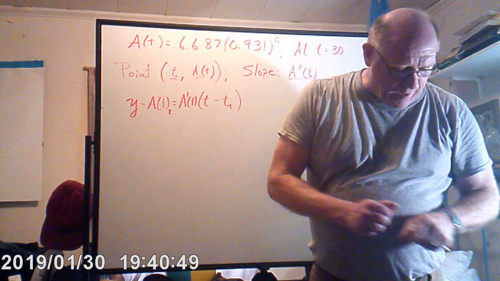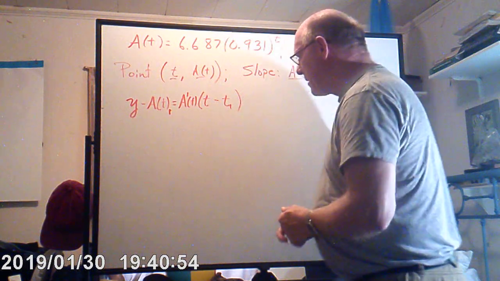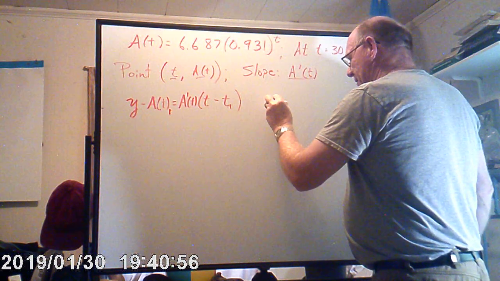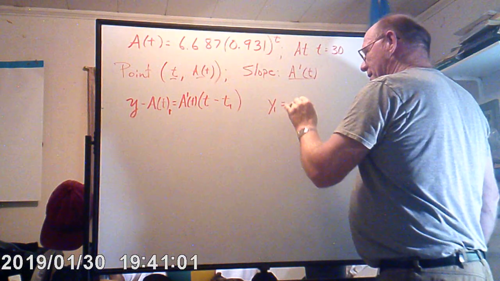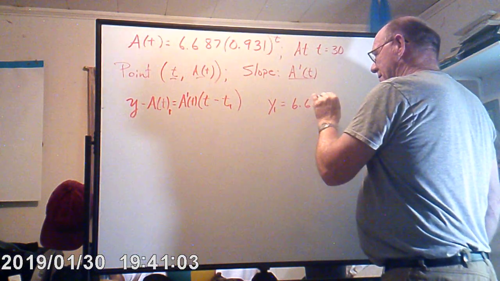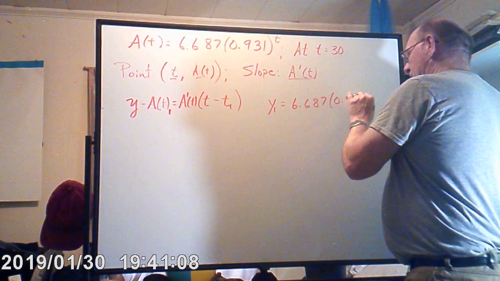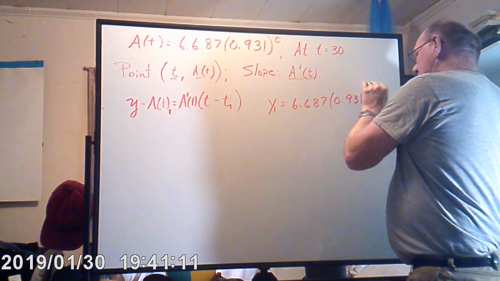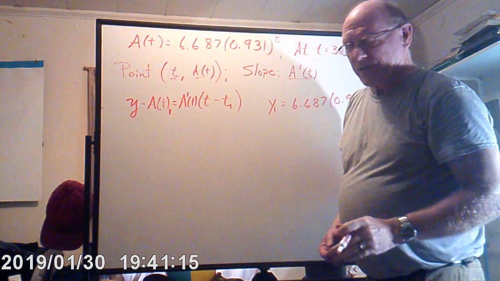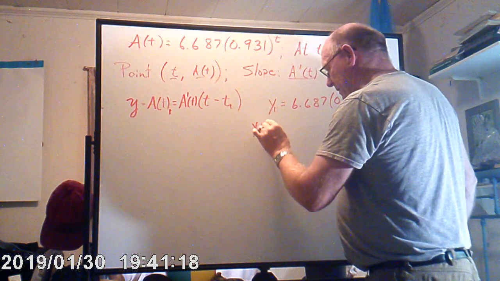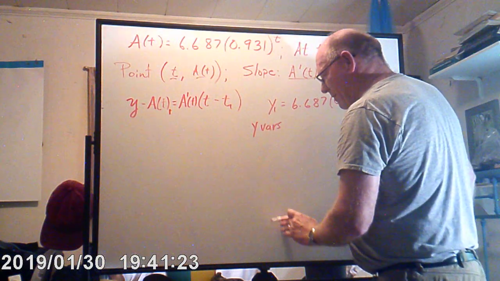One way you can do that is to go to the calculator, where I have y sub 0. Put the whole thing in there: 6.687 times 0.931 raised to the t. Then call it up with Y-VARS, and the list will show you y1, y2, y3, y4.